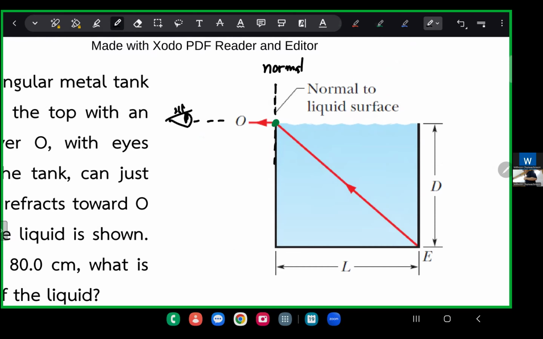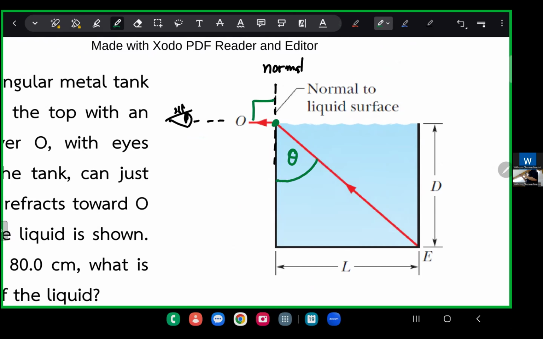Now your incident angle is right here. Let's call it theta. And the outgoing, refracted angle is 90 degrees, because we assume the ray that comes out goes horizontally.